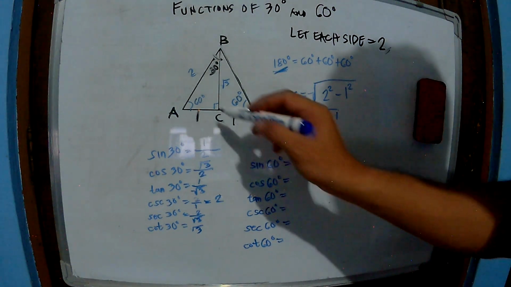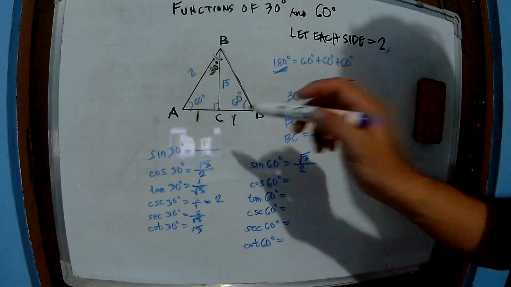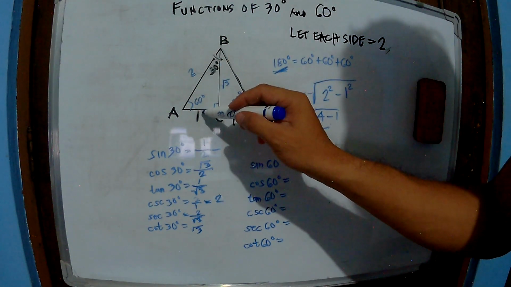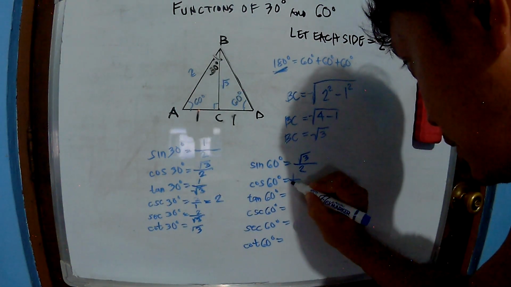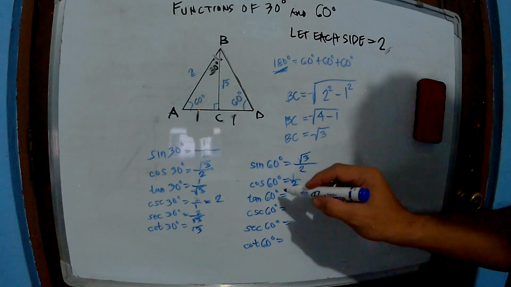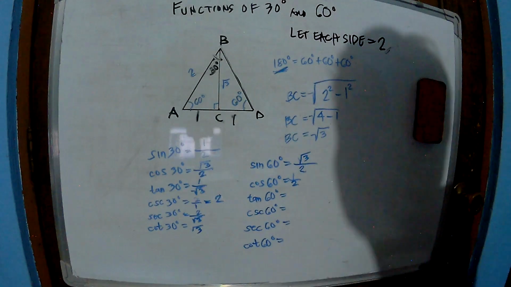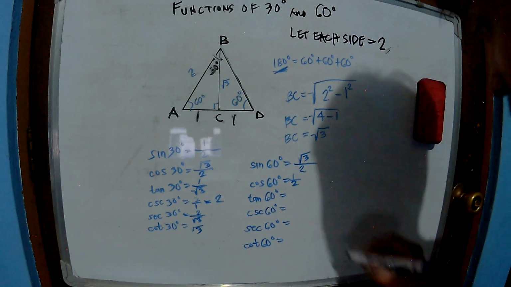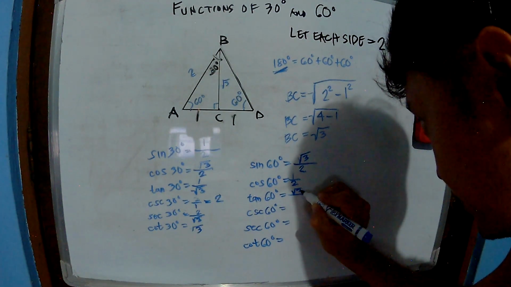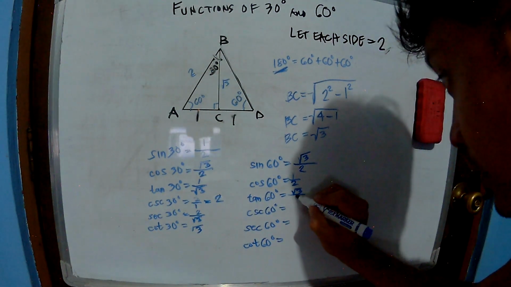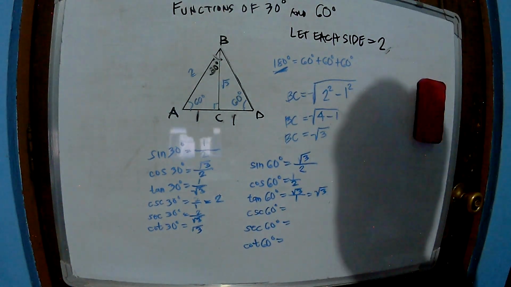For cosine of 60, that is the adjacent over the hypotenuse. So that will be 1 over 2. For tangent of 60, that will be opposite over adjacent. So that will be square root of 3 over 1 or simply square root of 3.